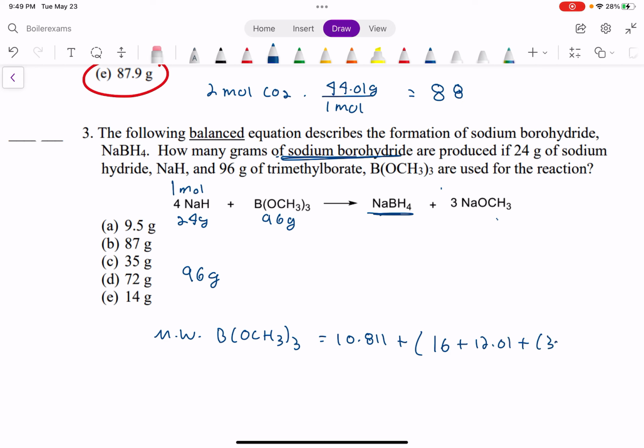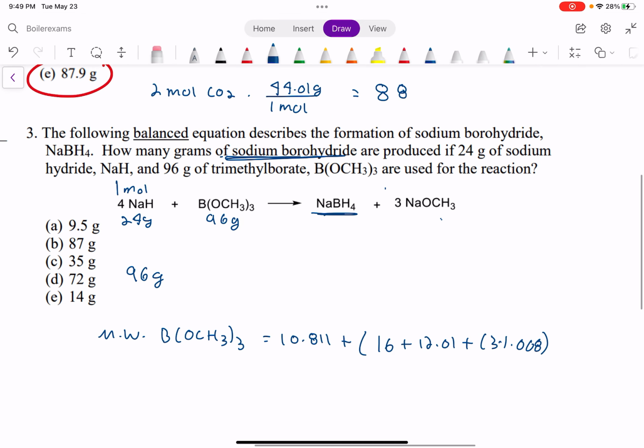Hydrogen is 1.008, but we have 3 of them, so I'm going to times that by 3. We also have 3 of this whole mess, so let's evaluate that now. 3 times 1.008 plus 12.01 plus 16, times that by 3, then add on boron, which is 10.811. So we have 103.913 grams per mole.